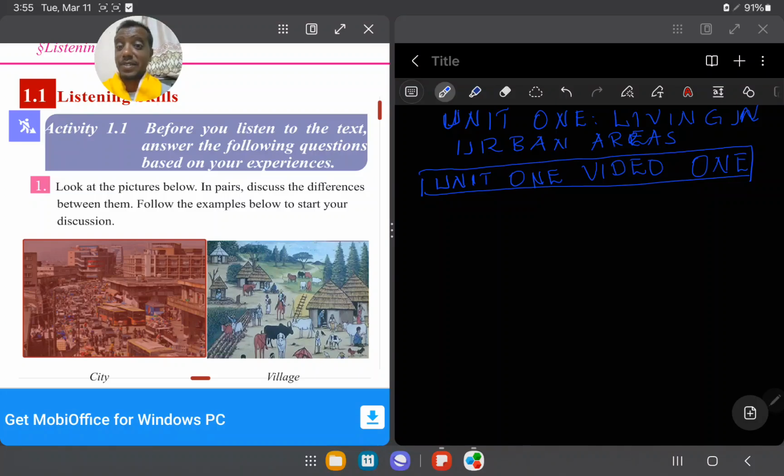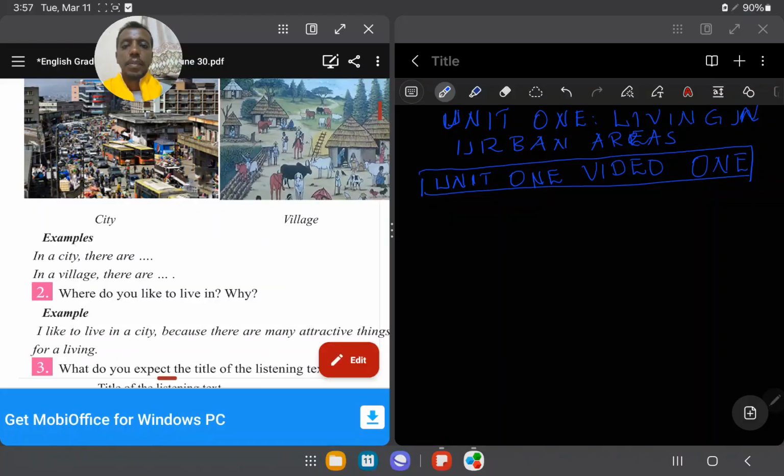Are you ready to listen to the text? All right, let's go. But before I read the listening text, you can see from the picture here, on the right there is a city picture, and on the left there is a village. So what's the difference?